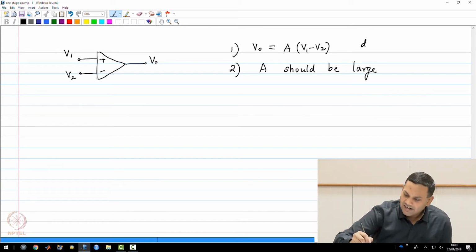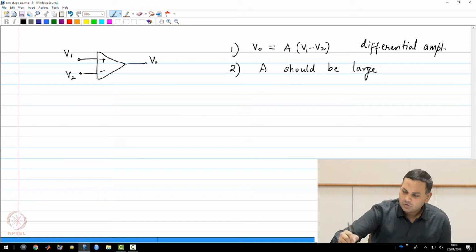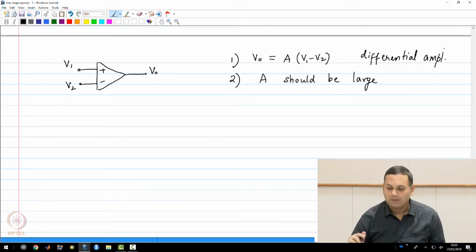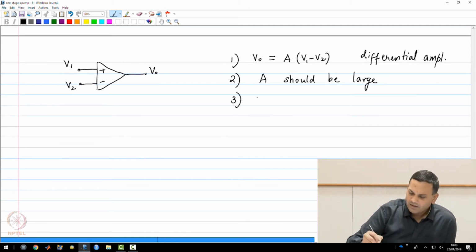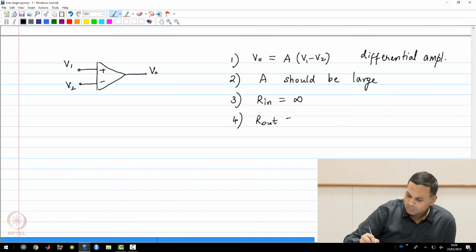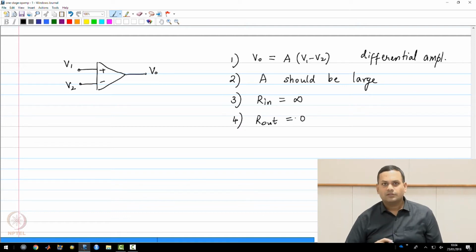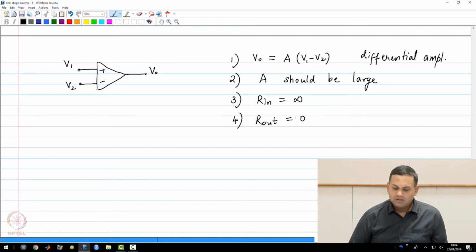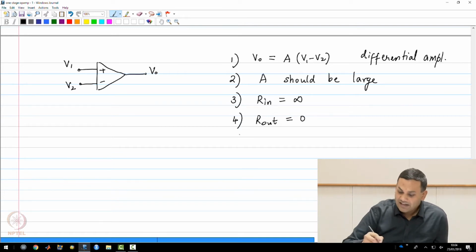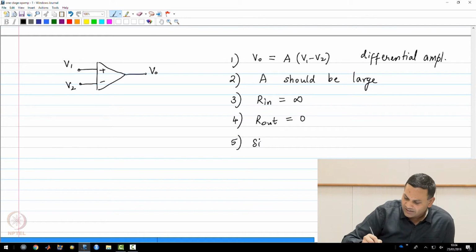We want a differential amplification, so the op amp amplifies only the difference between V1 and V2. And of course, we want Rin to be infinity. We want Rout to be 0. So these are the things that we want from an ideal op amp. And of course, the fifth one is that you need a single-ended output.